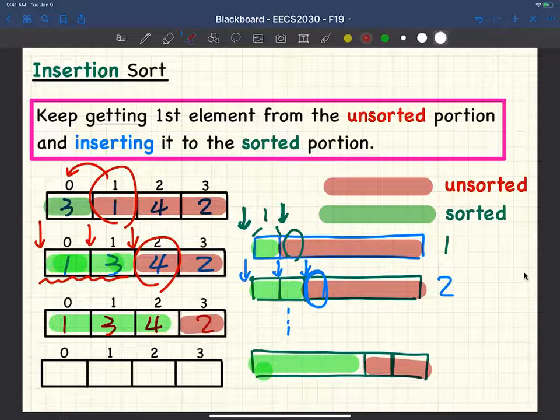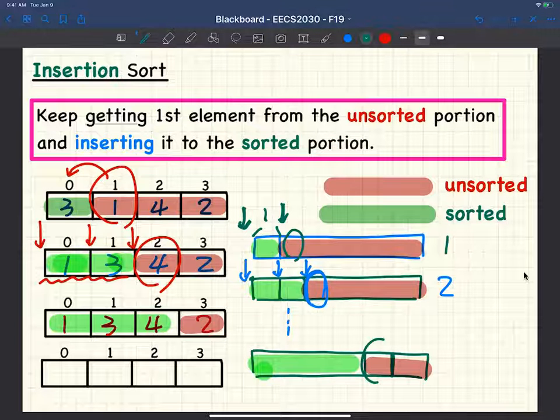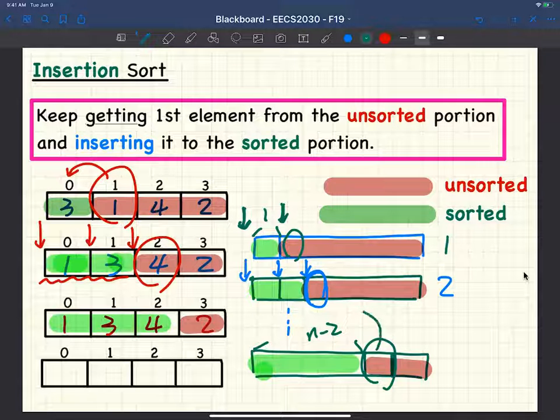How do we complete that? Basically, you choose the first element over here, and let's say the size of this is simply n minus 2. Now, how do you insert that into this particular sorted portion? How many iterations do you need? Basically, roughly n minus 2, right?